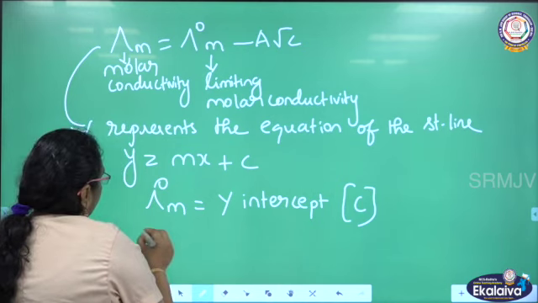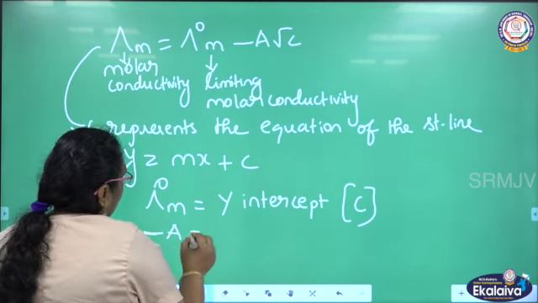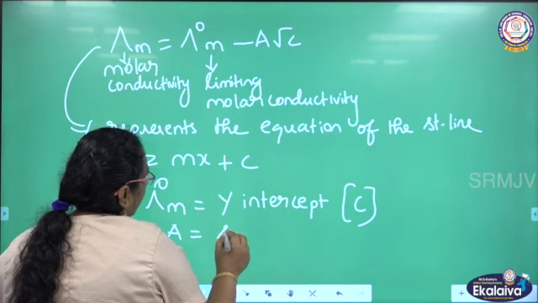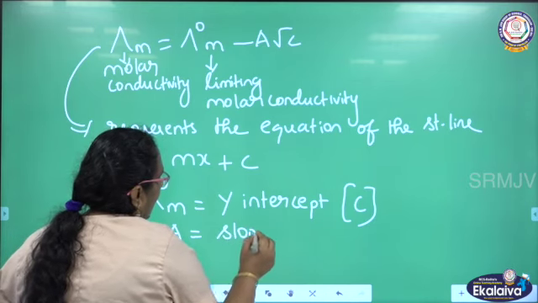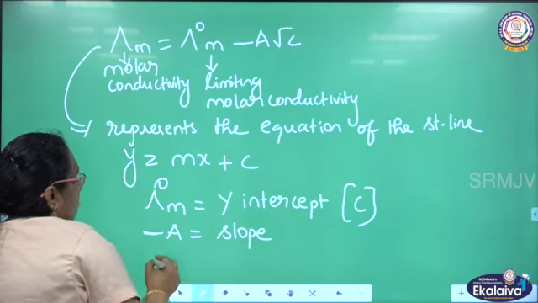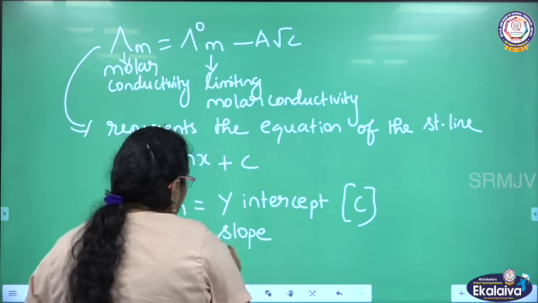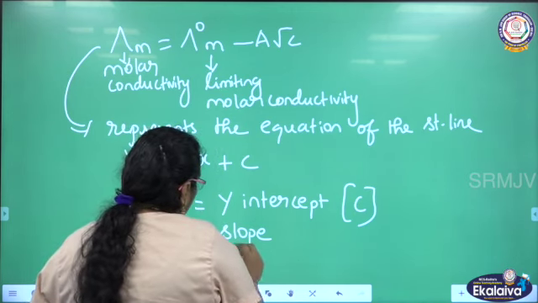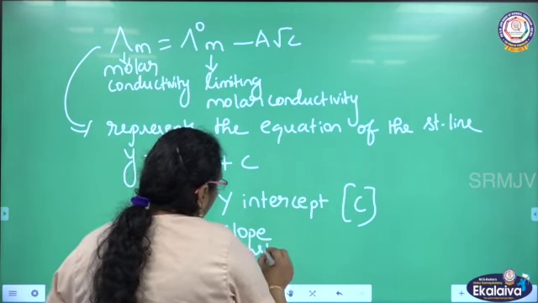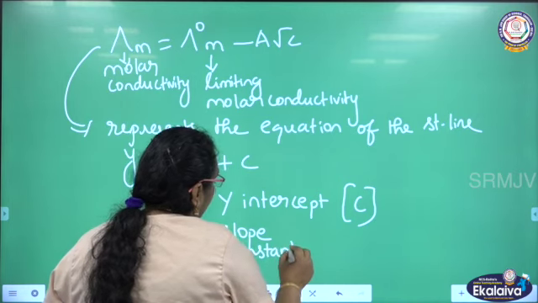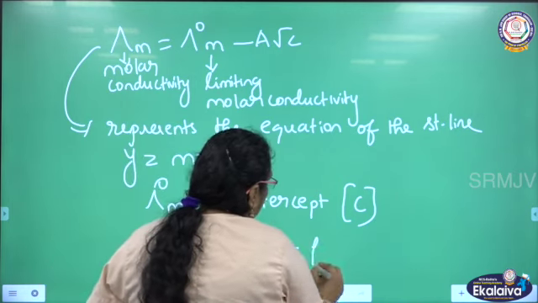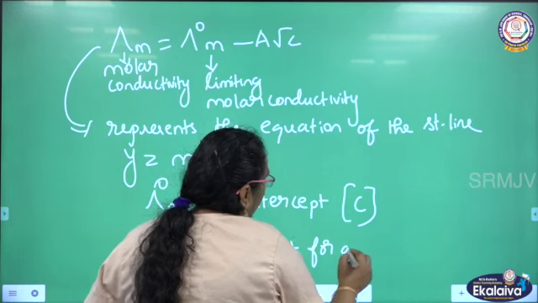Minus A is nothing but the slope. It is a constant for a solvent.